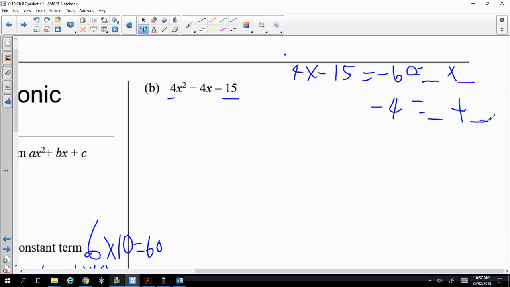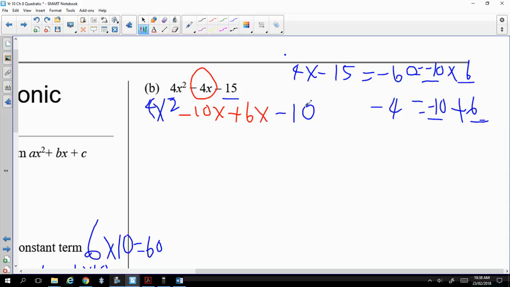Yes, minus 10 plus 6. Yep, like that. So you write 4x squared, and then you split the middle term into 2 parts, which is 10x plus 6x, and then you write down minus 15.